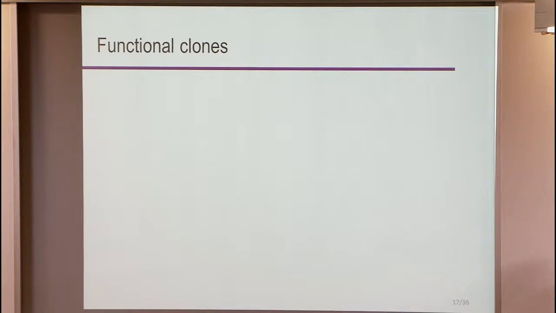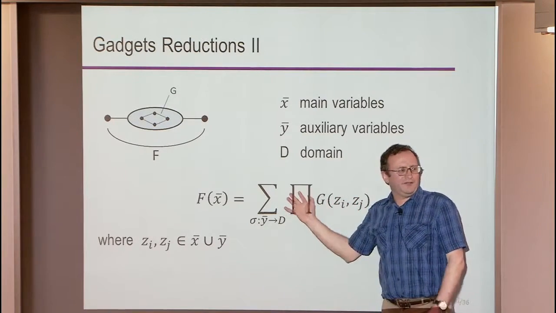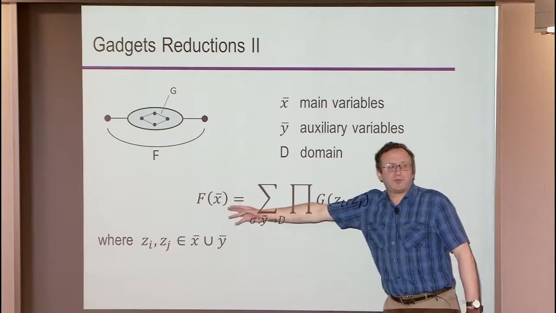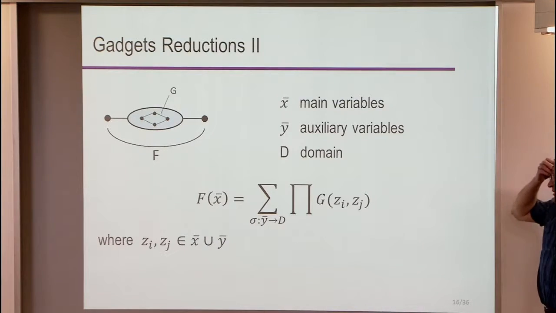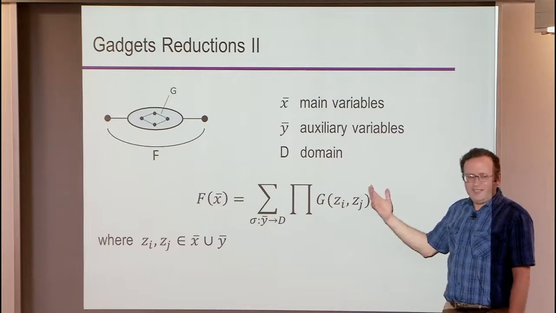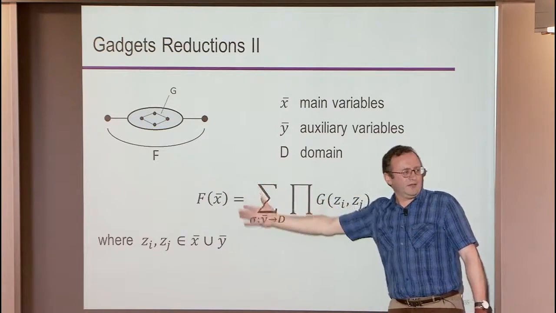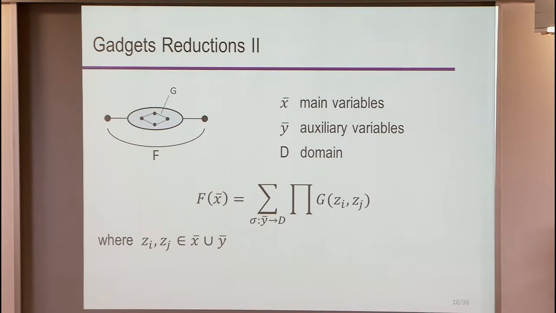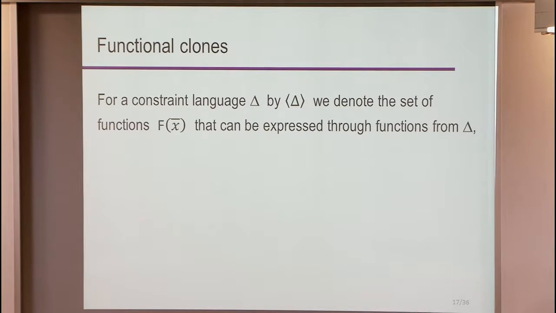So clearly, if we are talking about complexity, and if indeed we have this reduction between what we can express and where we started, then for the complexity of the problem, what is important is just what we can express, not where we started. And this motivates this whole notion of functional clones.